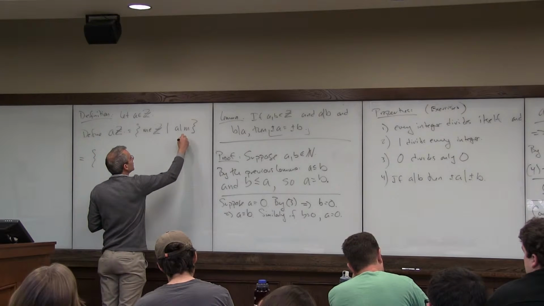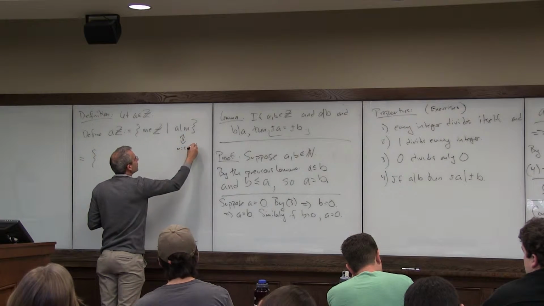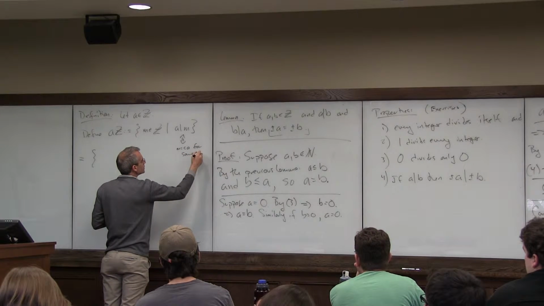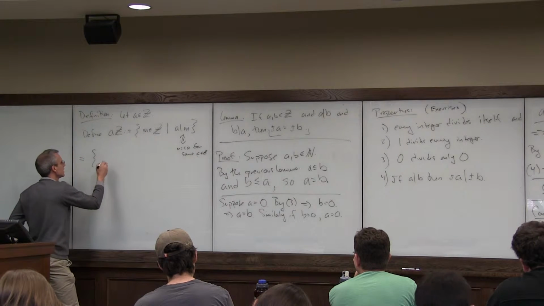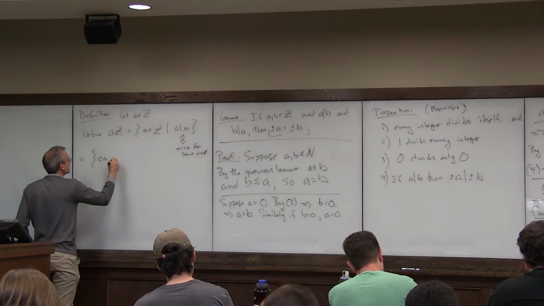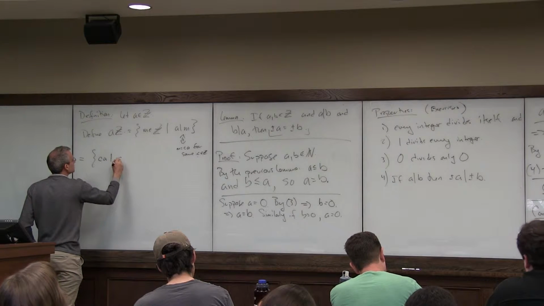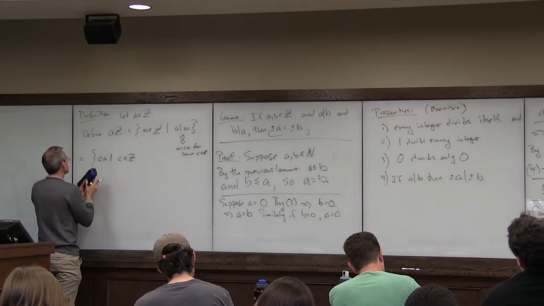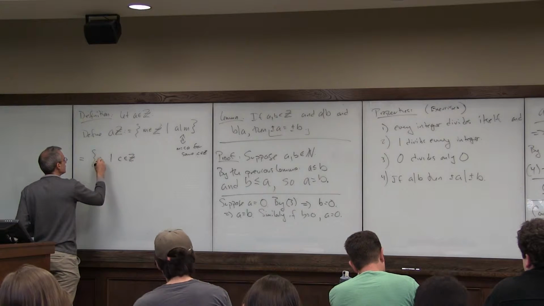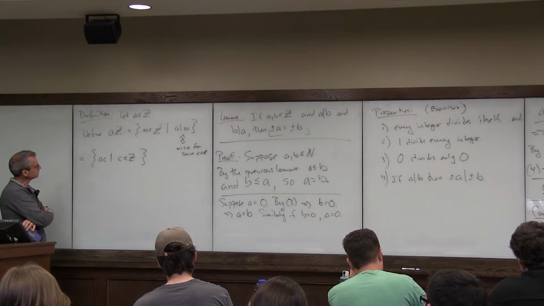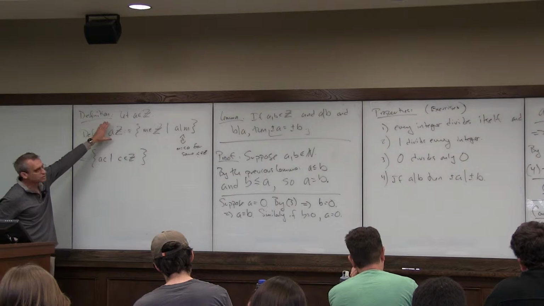So remember, this means that M equals CA for some C an element of Z. So we can rewrite this as the set of all CA such that C is an element of Z. Or actually, I'll reverse that and call it AC. How about that? So you see why this is called AZ.